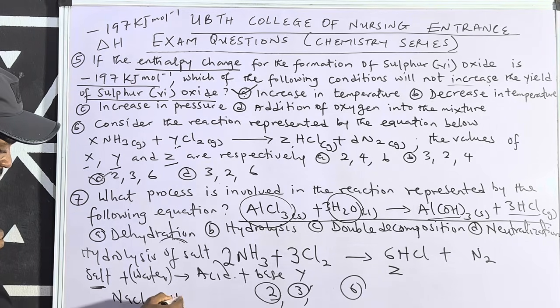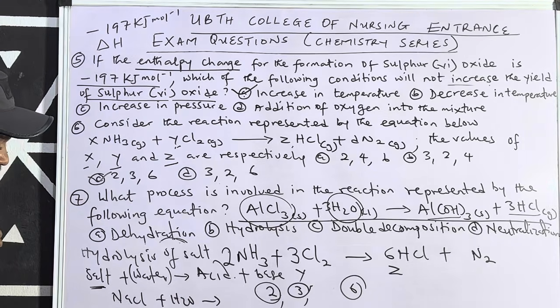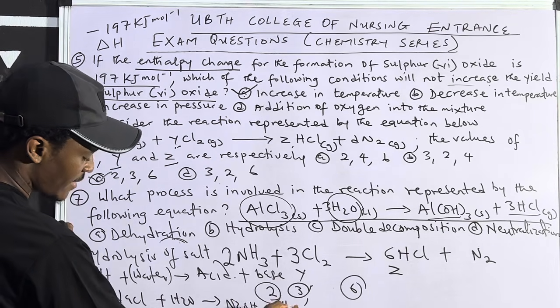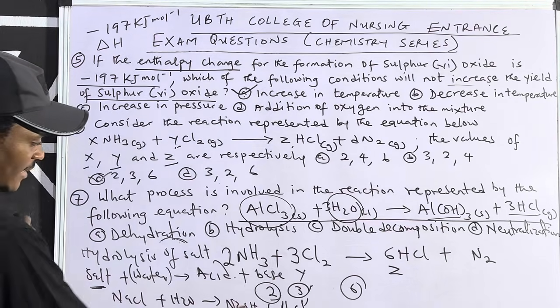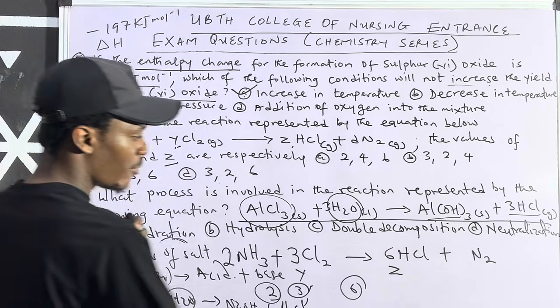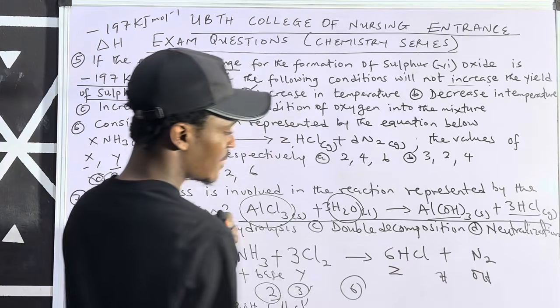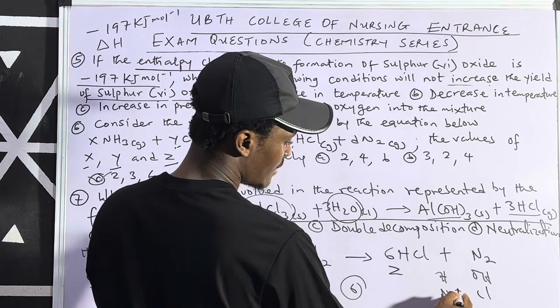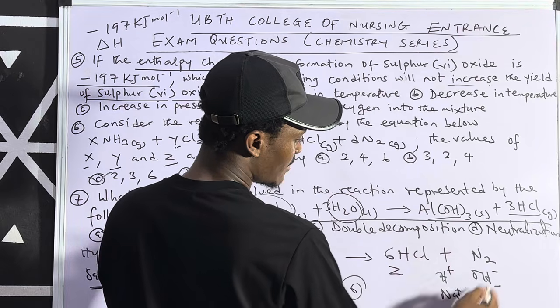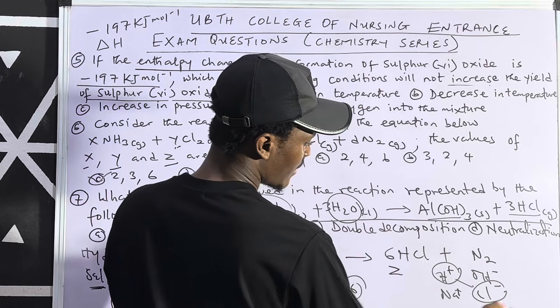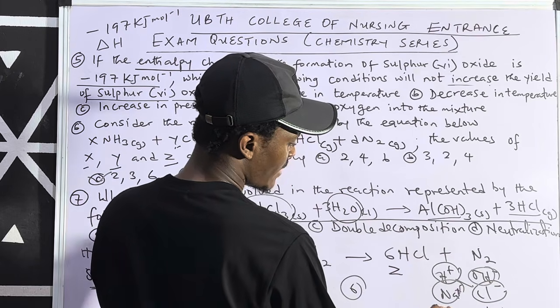If I add water to it and it now ends up giving me NaOH and HCl, which is a base and an acid, then it's obvious that this is known as hydrolysis because water came in the form of HOH and then attacked the parts of the salt. This is positive, this is negative, this is positive, and this is negative. So the unlike charges will attract. This will now give us HCl, while this will attract this to form NaOH.